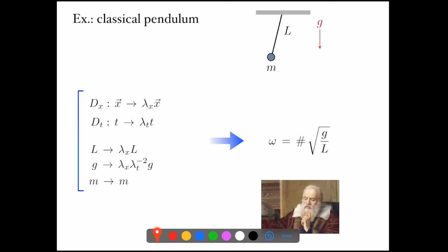In particular, when you compute the frequency of oscillation, which is a quantity that transforms in a given way under time dilation, it goes like 1 over lambda t, because it's 1 over time. It will have to depend on the parameters of your system in such a way as to match the transformation property.